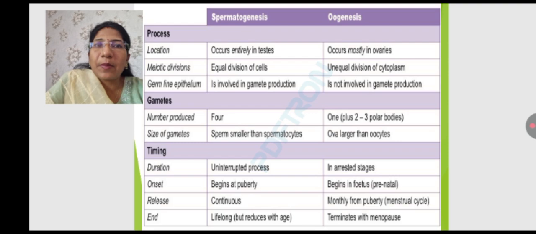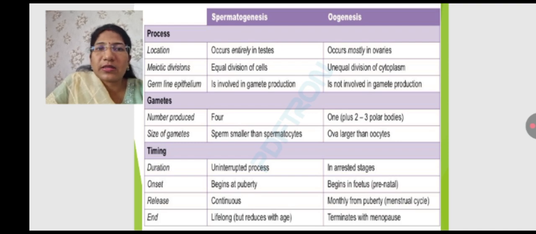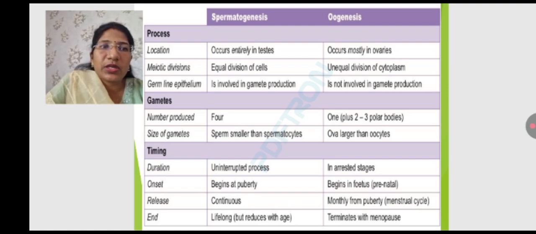Then what is the timing of spermatogenesis and oogenesis? Spermatogenesis is an uninterrupted process, and oogenesis proceeds in arrested stages. The onset of spermatogenesis is at the time of puberty, and oogenesis starts in the fetus or prenatal stage.